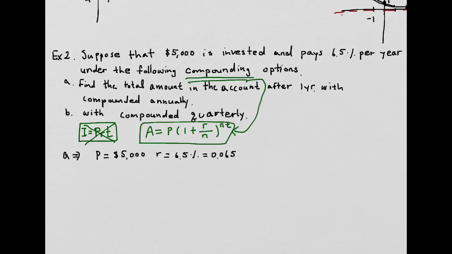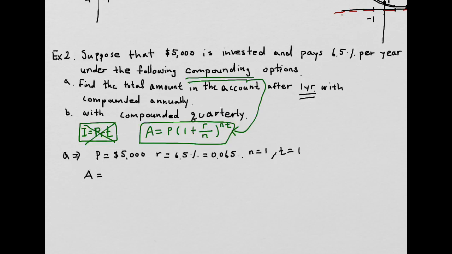Under the following compounding options, A, your compounding option is compound annually. So compound annually, you're going to use n equal 1 time. And then what's the year? T will be 1.